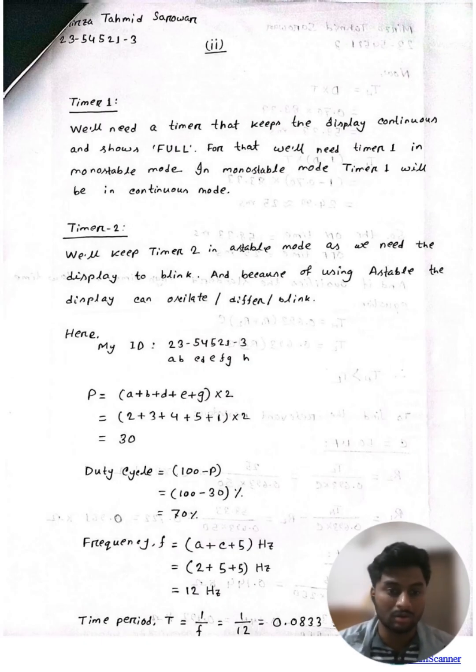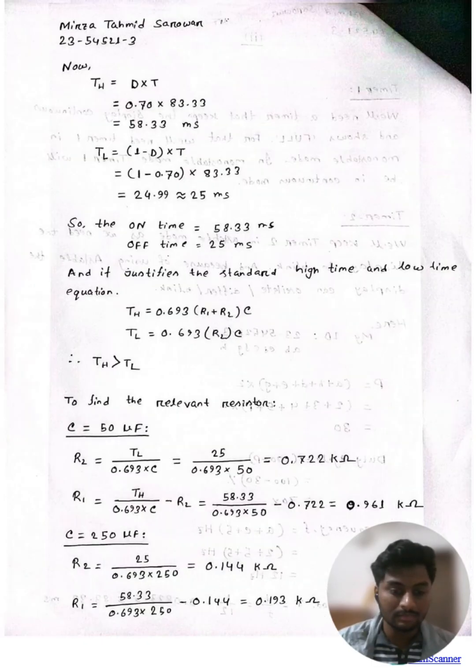So if we now talk about how I did the math, this is my ID and the corresponding alphabets for my ID, and these were given in the question paper. How do I calculate P? This is my P value, and the duty cycle and the frequency from that value. Then I calculated the time period, and now I need to calculate the high time and low time.